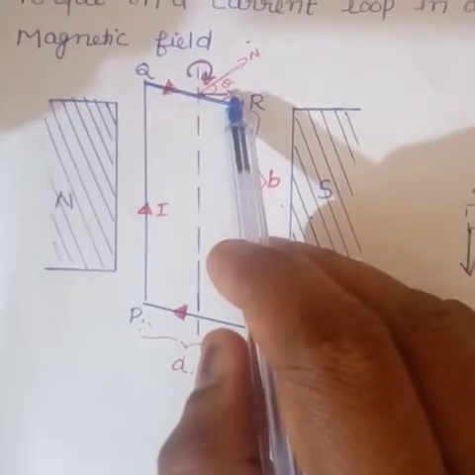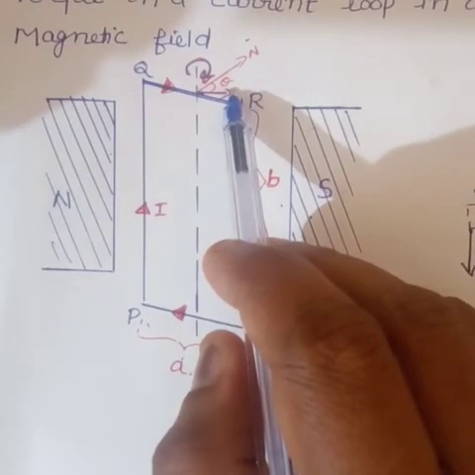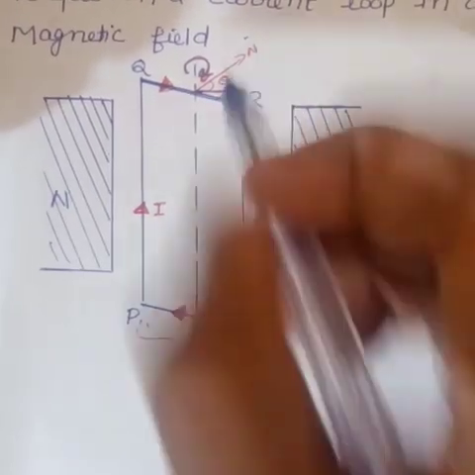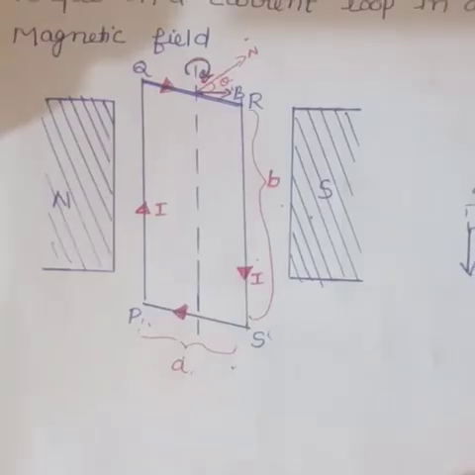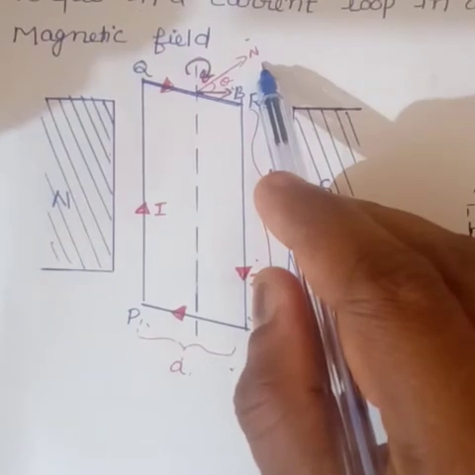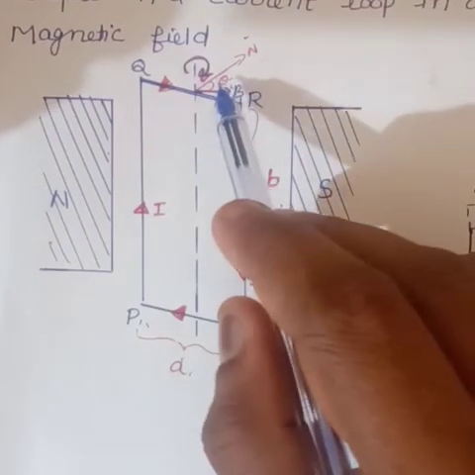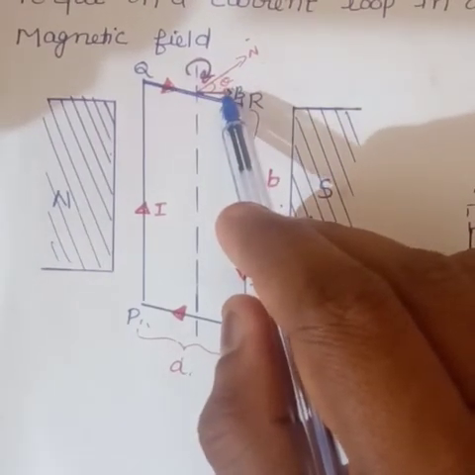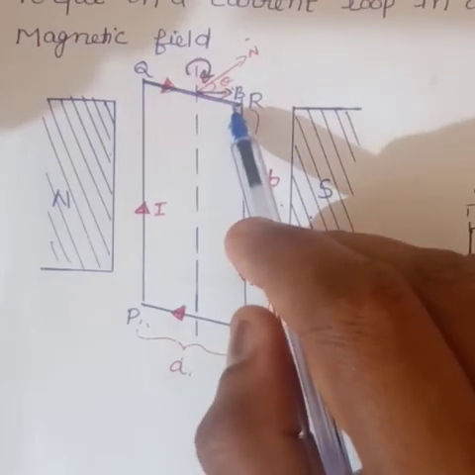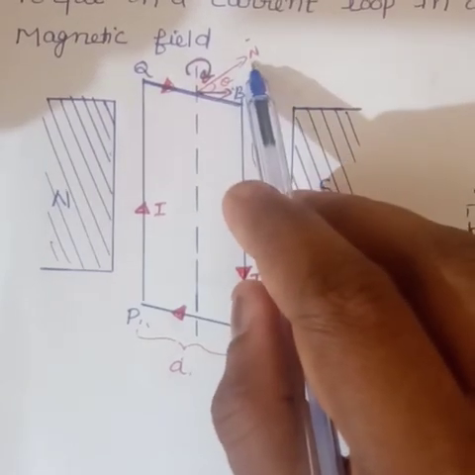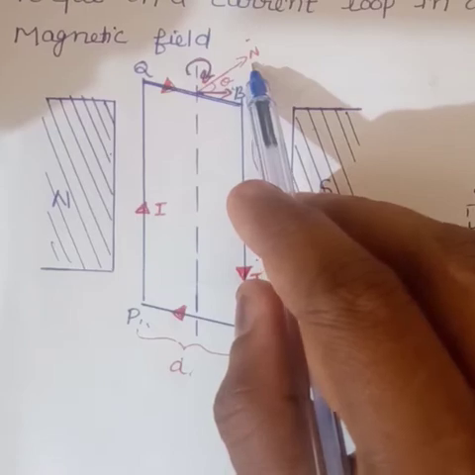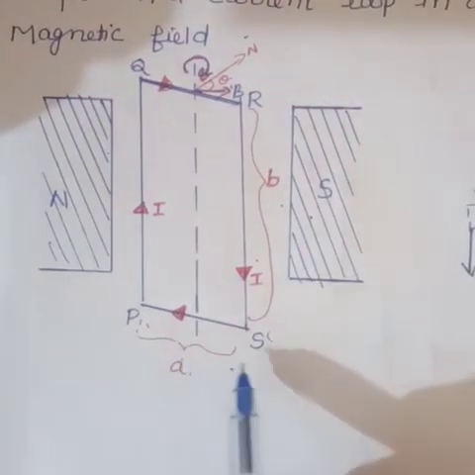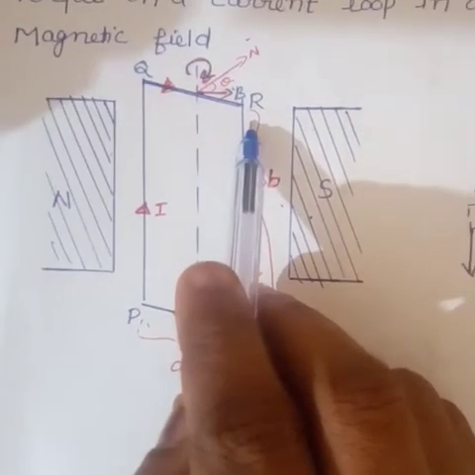Let theta be the angle between the direction of B and the normal to the plane of the coil.